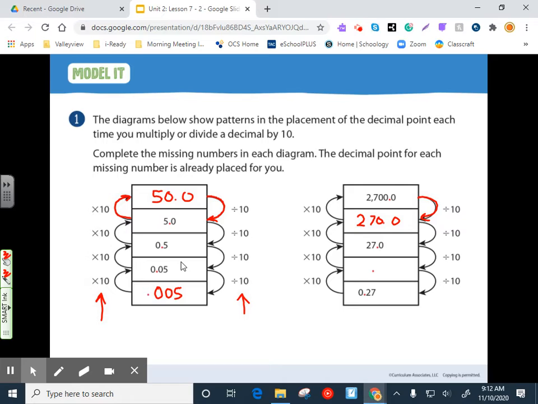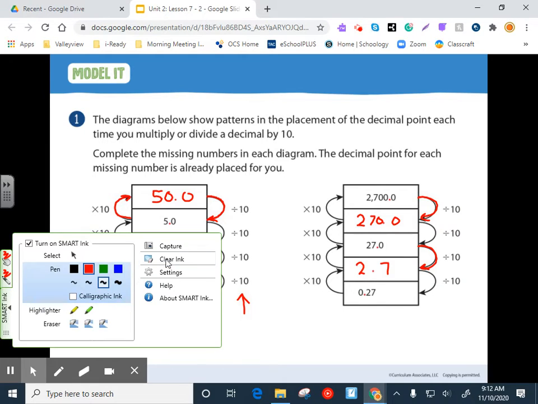And if we keep dividing like this, 27, if we divide it by 10, it goes 2.7, 2 and 7 tenths. So that's all this is, just to show you again the pattern, how they're shifting. And then the red dots here are decimal points, which we'll talk about in a little more detail later.